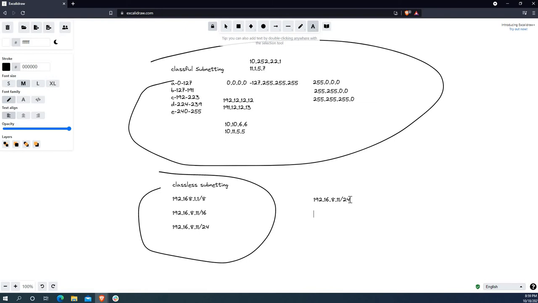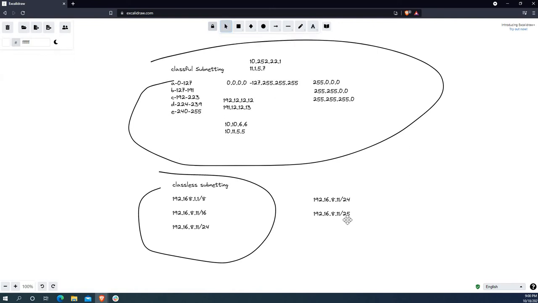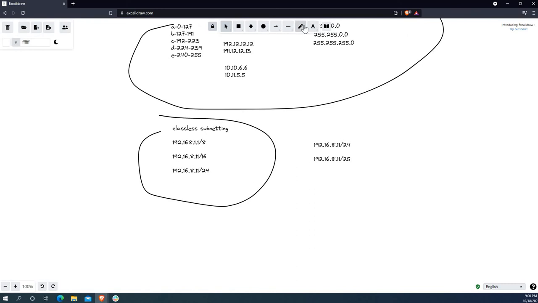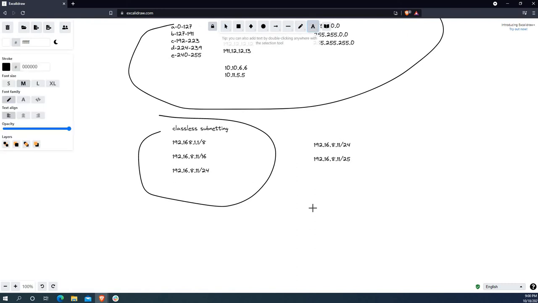So within this network, you can even segment your network even more. So you can do a 192.16.8.11/25. And this will actually split the whole network in half. And how you would interpret this is, when you have a /24, right?